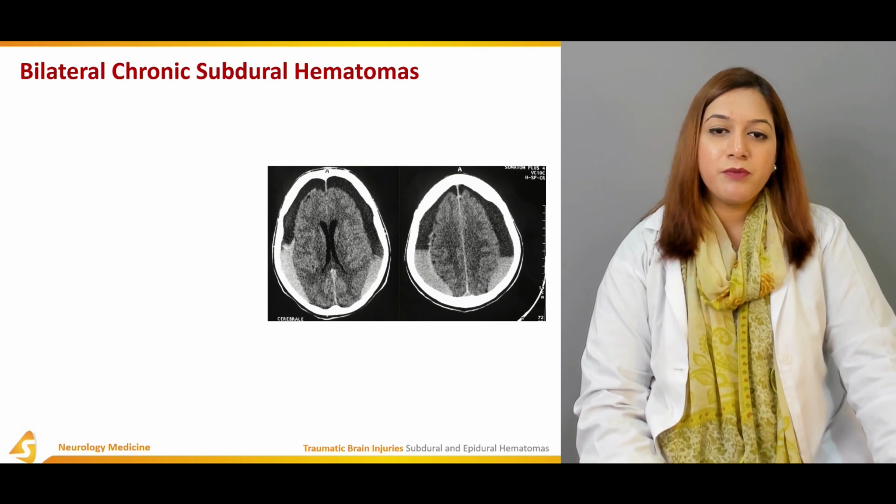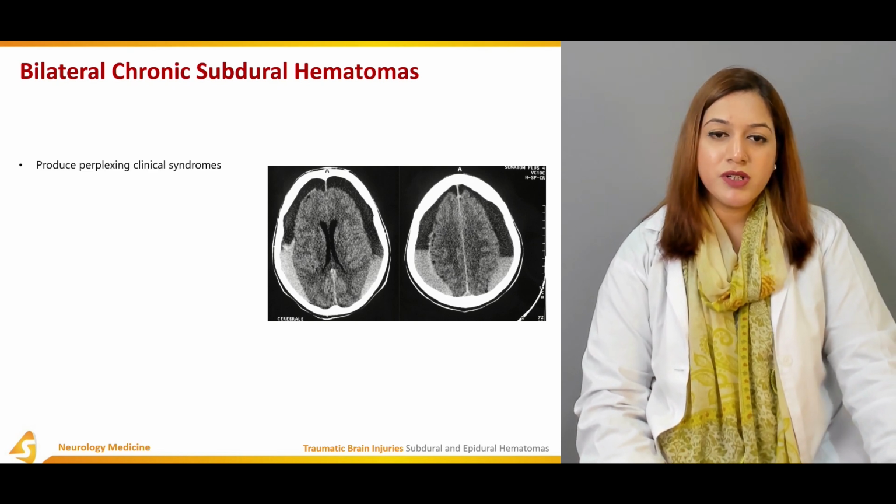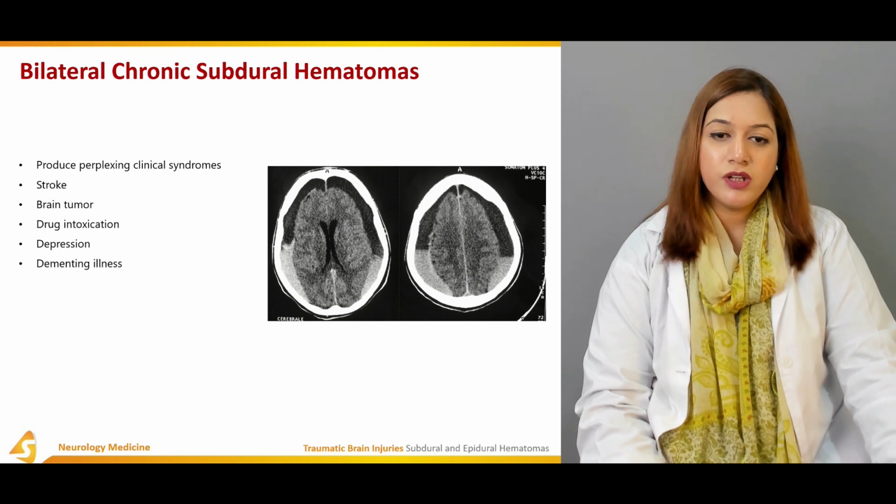Now, if we talk about bilateral chronic subdural hematomas, they produce perplexing clinical syndromes, and the initial presentation may be of a stroke, a brain tumor, drug intoxication, depression, dementing illness, drowsiness, inattentiveness, or incoherence of thought.